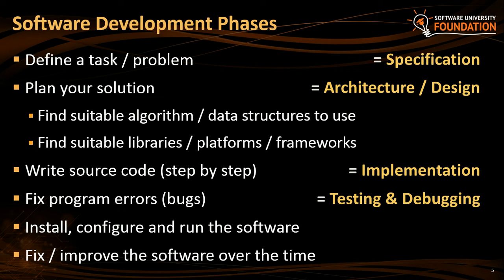In the software university, we'll have a large course on software engineering, and we'll go into deep details on the study of this typical process. We'll learn that this process is not linear, it's iterative. So not always do you first plan the solution and later implement the code.